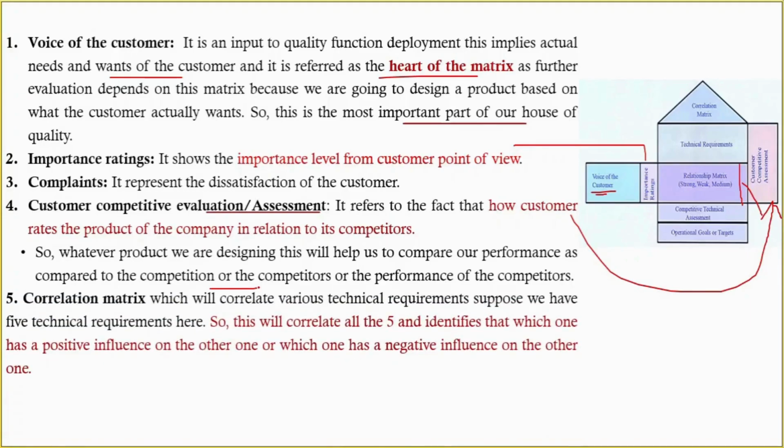Then the fifth point, that is the correlation matrix, the top one, which will correlate various technical requirements. For example, suppose we have 5 technical requirements here. This will correlate all 5 and identify which one has a positive influence on another, or which one has a negative influence on another.